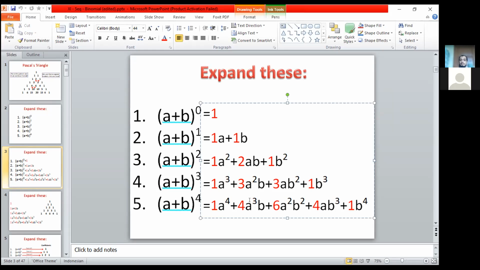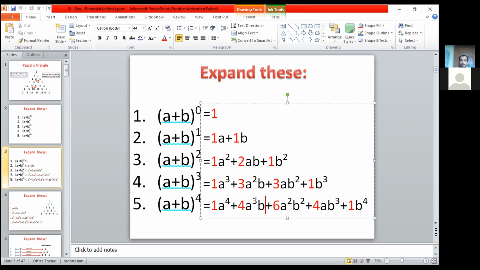In the next term, power of 3 and power of 1, so again the sum is 4, 3 plus 1. Then in the next term, a to the power of 2, b to the power of 2, so the sum is 4. Then the next term, a to the power of 1, b to the power of 3, and the last term, b to the power of 4.